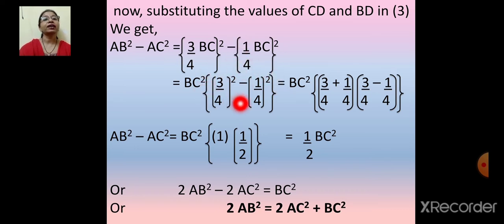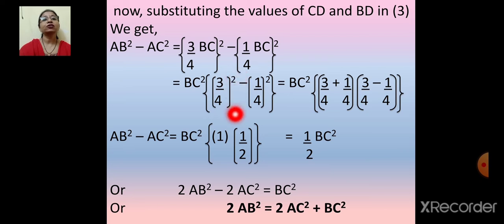Now this bracket is in the form of A square minus B square identity. So expand this. So BC square is equal to, what is that identity? A square minus B square is equal to A plus B into A minus B. So same way 3 by 4 plus 1 by 4 and 3 by 4 minus 1 by 4. Children, you can solve this by your own method. It's not compulsory to express in terms of identity only.